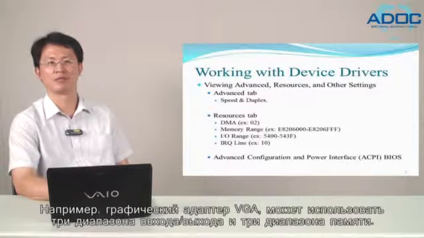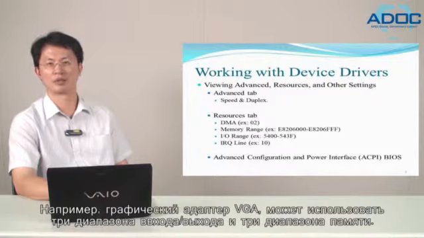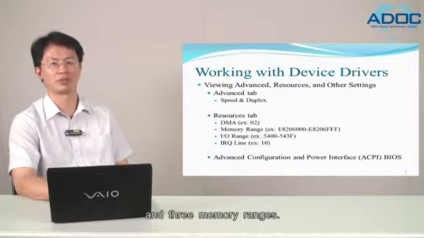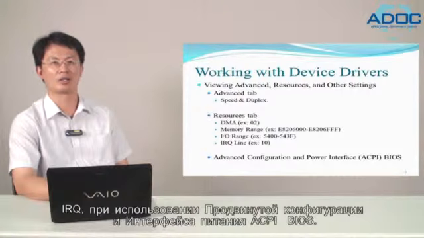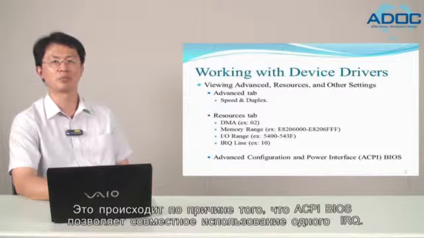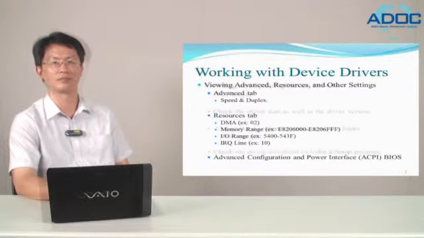For example, the video graphics adapter, VGA adapter, on one of our computers uses three I/O ranges and three memory ranges. Additionally, multiple PCI devices can share the same IRQs when using the Advanced Configuration and Power Interface BIOS. This is because the ACPI BIOS allows IRQ sharing.